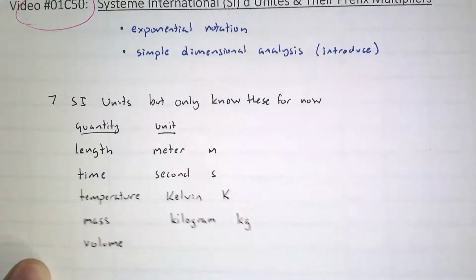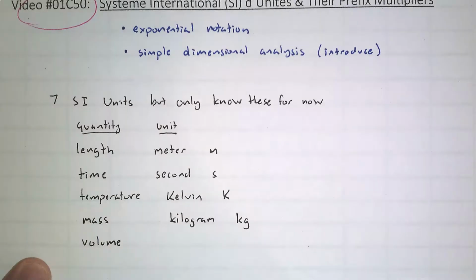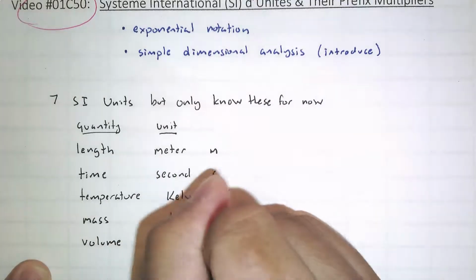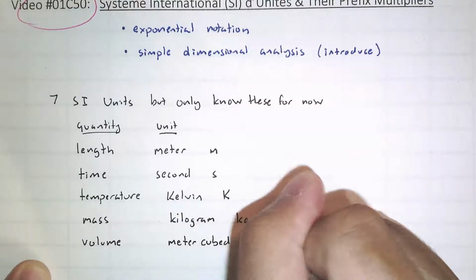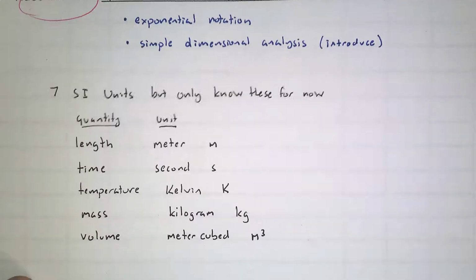Volume is going to be based off of the meter, and if you take 1 meter cubed, you form a volume. And it looks like this, M3. But that volume unit is something that many people are not used to.